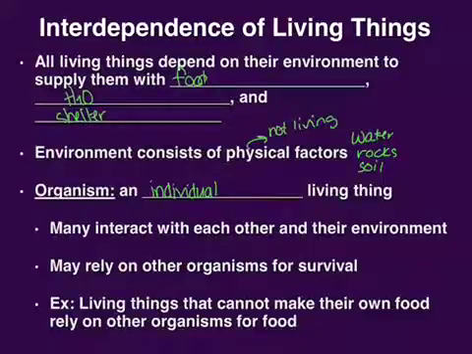Many organisms interact with each other and their environment, and they may rely on each other for survival. For example, living things that can't make their own food within their own body rely on other organisms that can. This would be an example of plants or organisms that can do photosynthesis.